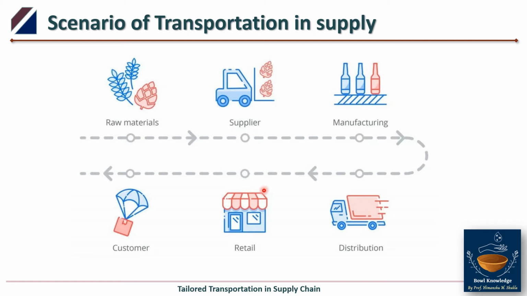Whether you talk about any two nodes of the supply chain, the material is transferred from one node to another through transportation. If we talk about the pre-manufacturing stage, then the raw materials will be supplied by the vendor to the industry through some transportation medium, and similarly, the finished product after manufacturing will be delivered to either distributor or retailer or customer through some transportation avenue.